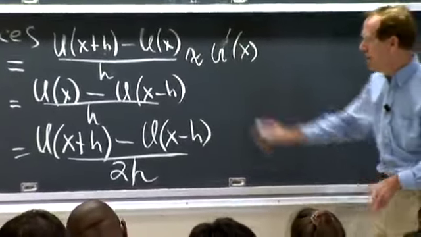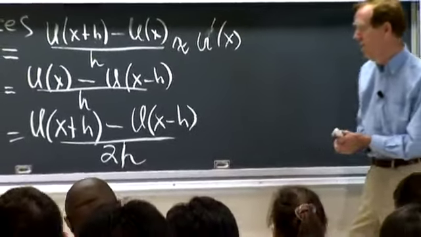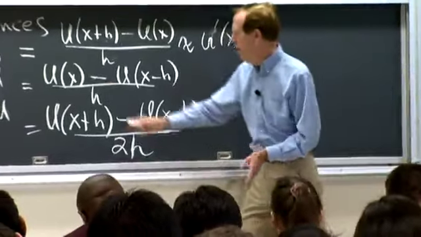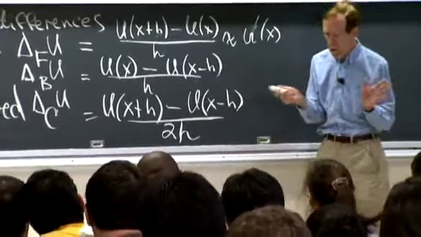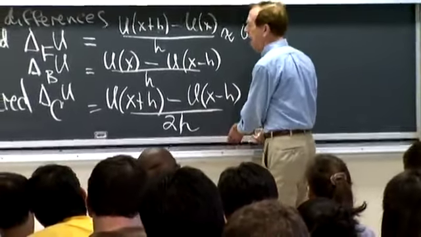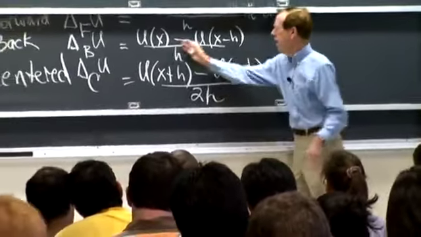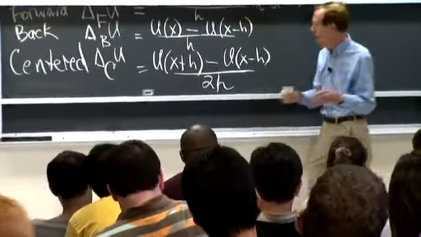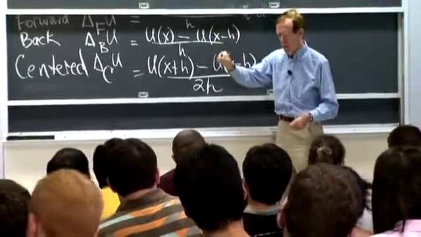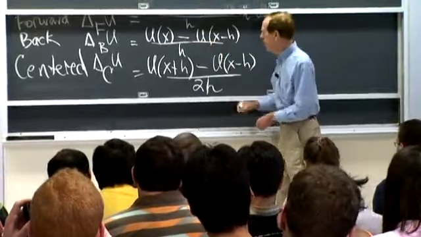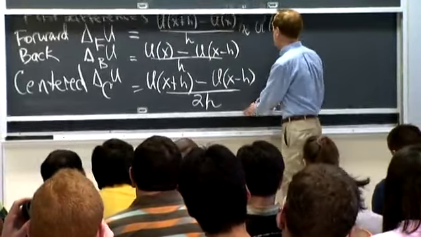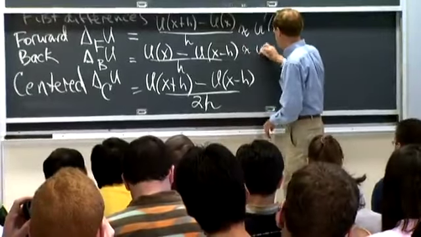Let me just continue with these others. I don't remember if calculus mentions a backward difference, but you won't be surprised that another possibility, equally good, more or less, would be to take the point and the point before. Take the difference, divide by delta x. So again, all these approximate u prime.